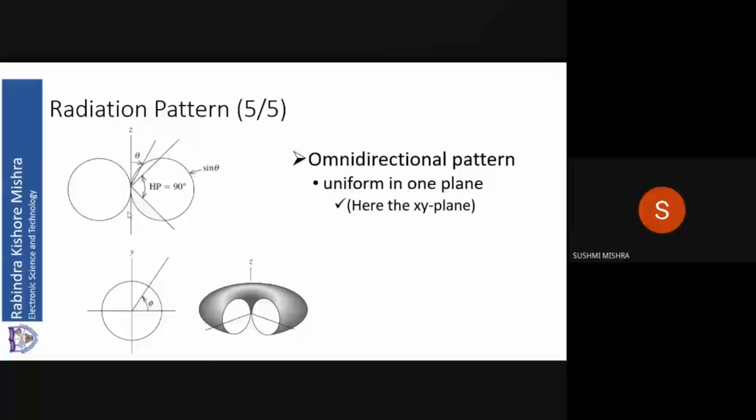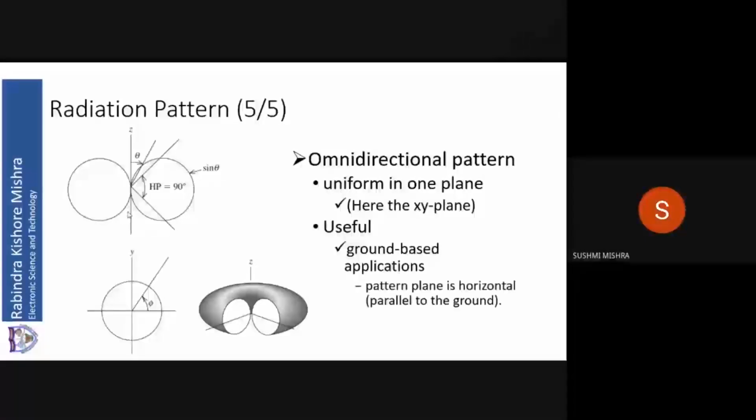If I rotate that around the Z axis, then I get a donut. So the third figure is a donut figure. Everywhere on the xy plane, the value is constant, but as you move towards the Z axis, it varies like a figure of 8. Its utility is in ground-based applications.